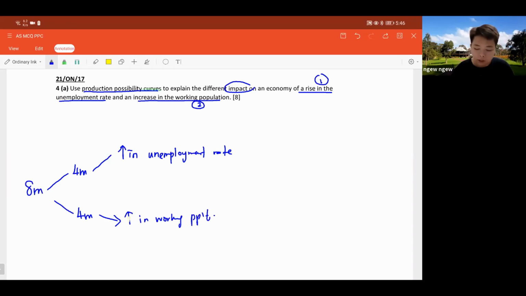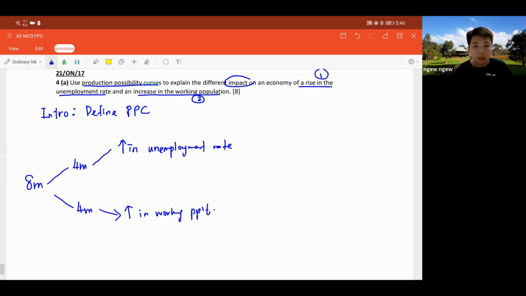And guys, as usual, each time when we write an essay, please offer an introduction, okay? And your introduction can be just as simple as defining PPC, a curve showing whatever is it that we have learned previously. Okay, now, and then let's break down the 4 marks and 4 marks, yeah?